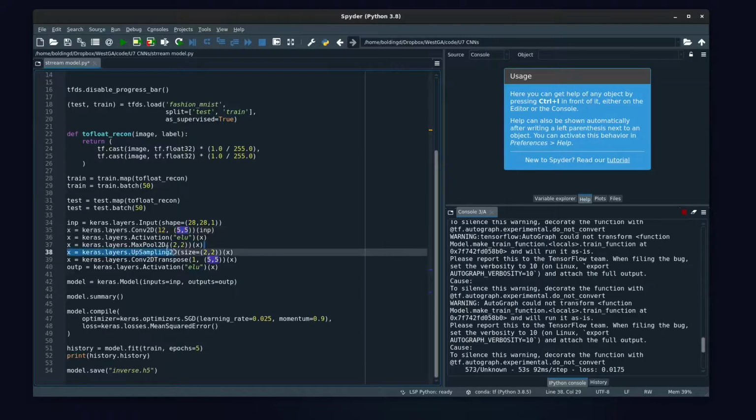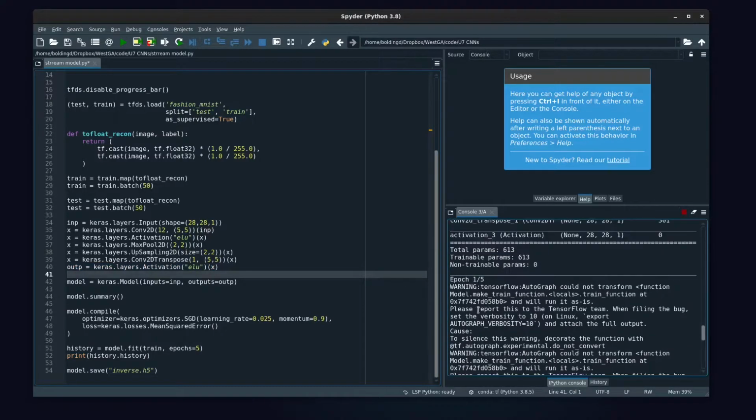I then did a 2 by 2 max pool, and then I immediately reversed it, which in any real scenario is not brilliant, but with an upsample, right? 2 by 2 upsample. And then I immediately performed an inverse transpose convolution and performed the ELU on that. And that, again, is back to being 28 by 28 by 1.